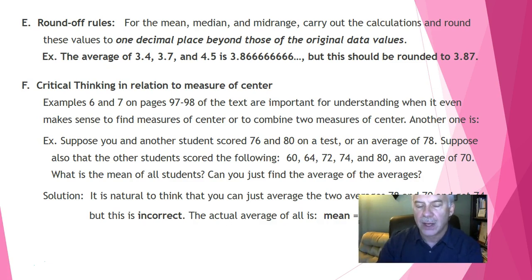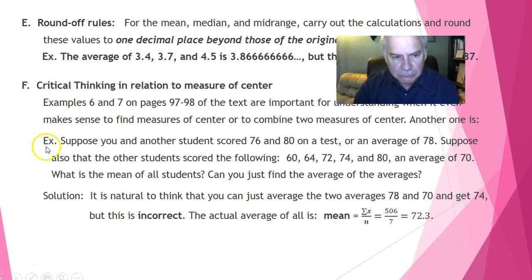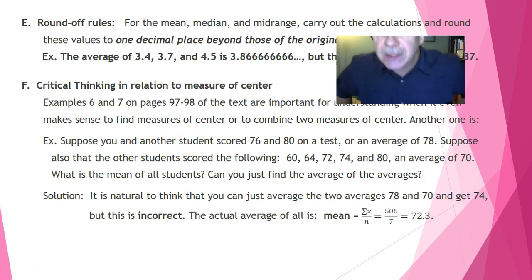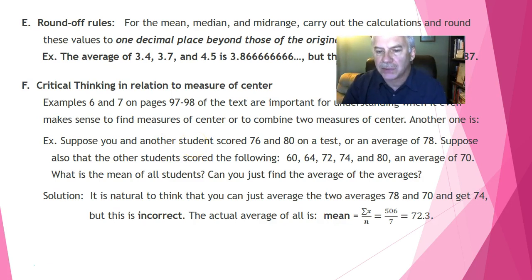But here's another example that I've made up. Suppose you and another student scored a 76 and an 80 on a test, for an average of 78.